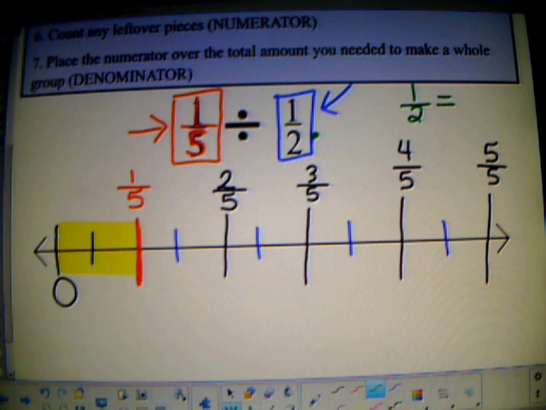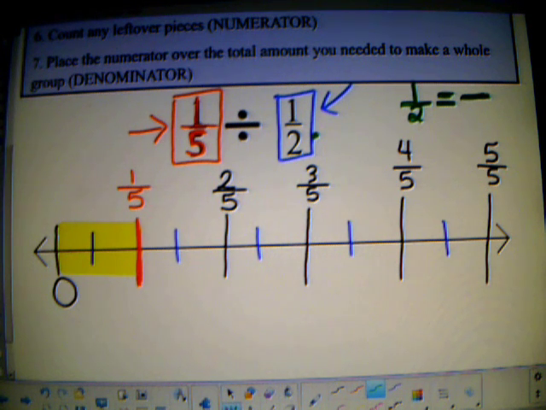So it is equal to 1/2. And because it's an equivalent fraction, I know to go ahead and put a fraction bar. So I need a fraction that is equal or equivalent to my divisor, which is 1/2.